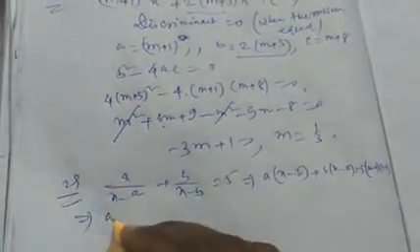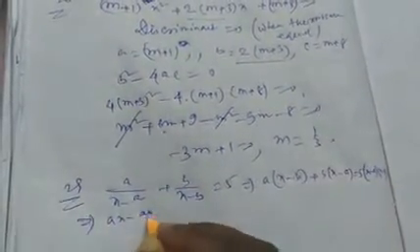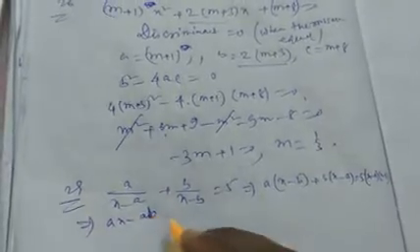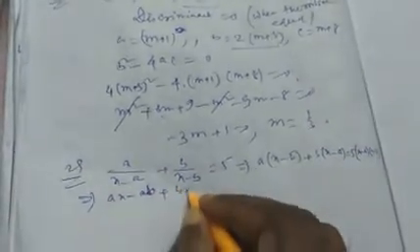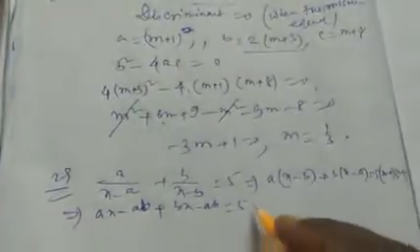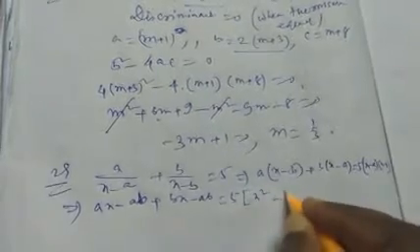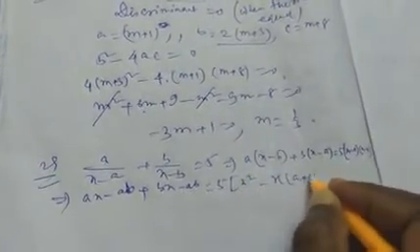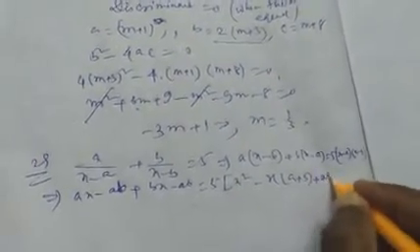I'm going to see here ax minus ab, bx minus ab, this is also ab, and 5x square minus x into (a plus b) plus ab.